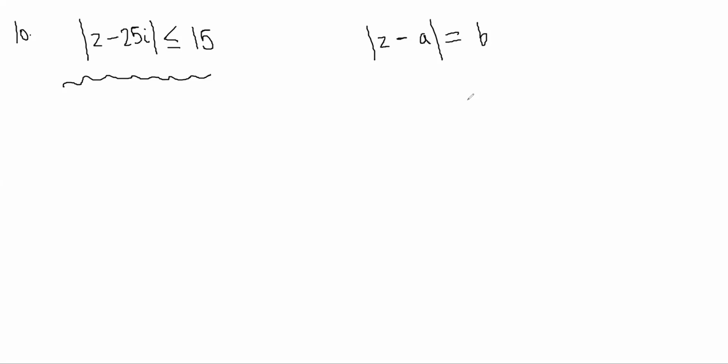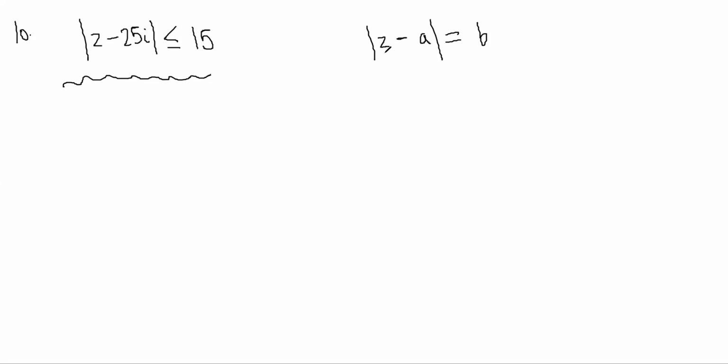So first of all, complex number z which satisfy mod of z minus 25i is less than equal to 15. So find the complex numbers which have least positive argument. First of all, you have to identify what this means. And whenever you have a situation like mod of z minus a is equal to b, right?